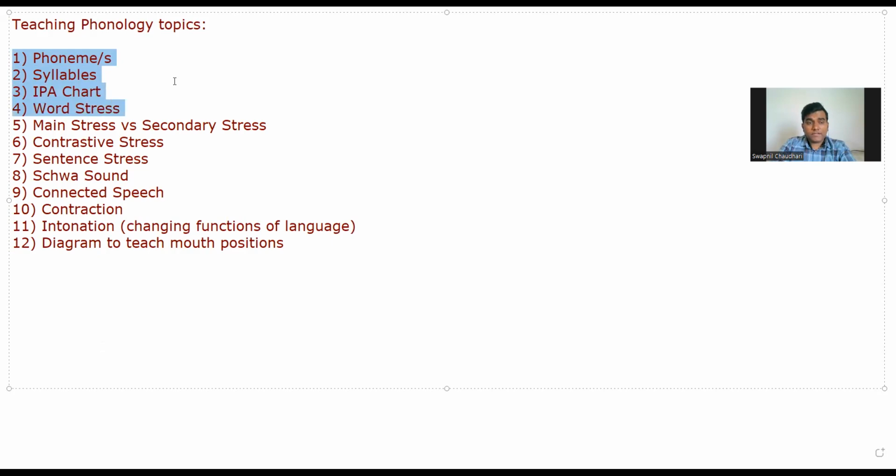Then we have word stress, main stress and secondary stress, contrastive stress, sentence stress, the schwa sound, connected speech, contractions, intonations, and diagrams to teach mouth positions. Okay? So these are the things, in a nutshell, that we teach in the phonology or in the voice and accent lessons.